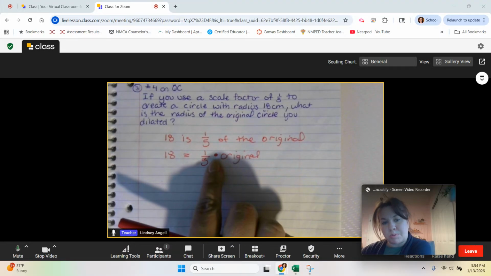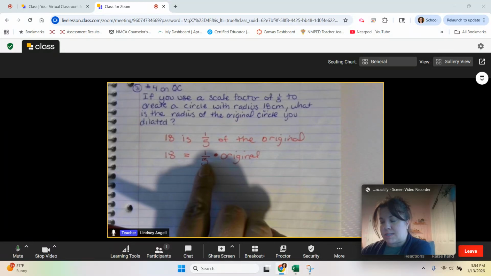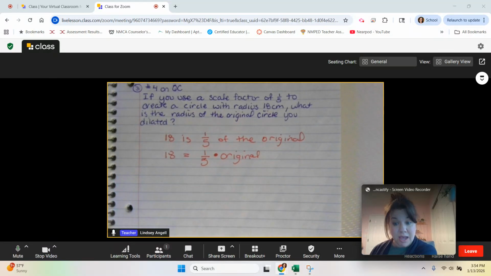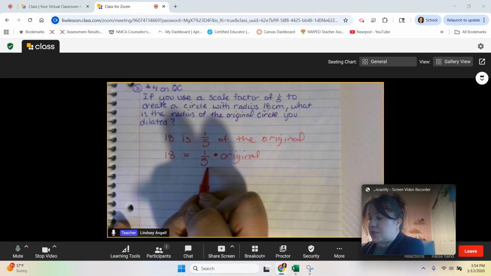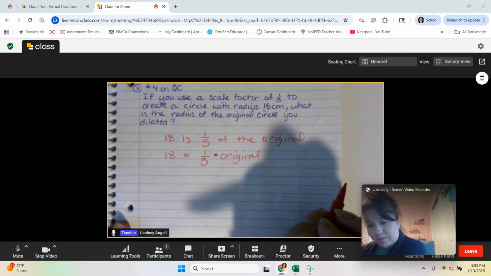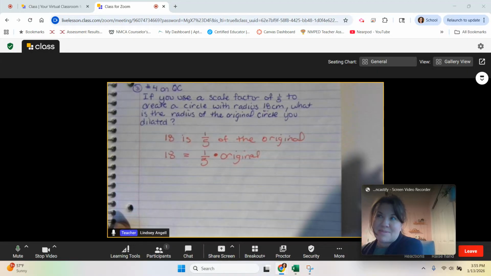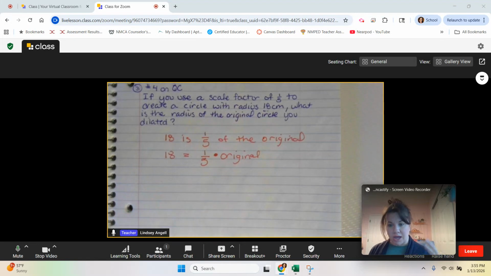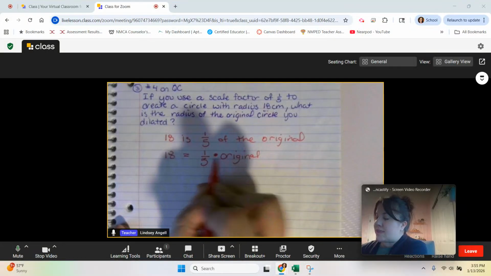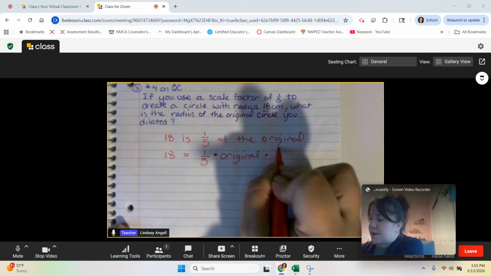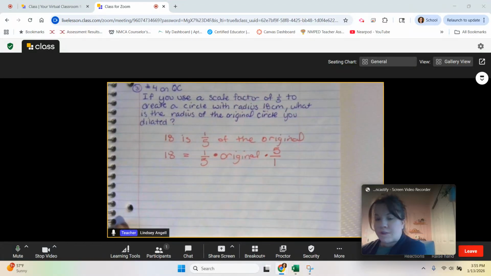If I'm multiplying by 1/5, in order to get rid of that, I can divide by 1/5, if you remember from solving equations. Dividing by 1/5 is the same thing as multiplying by the reciprocal. There's a lot of things coming back into this one little equation. So we can multiply by the reciprocal, which is you flip the fraction.